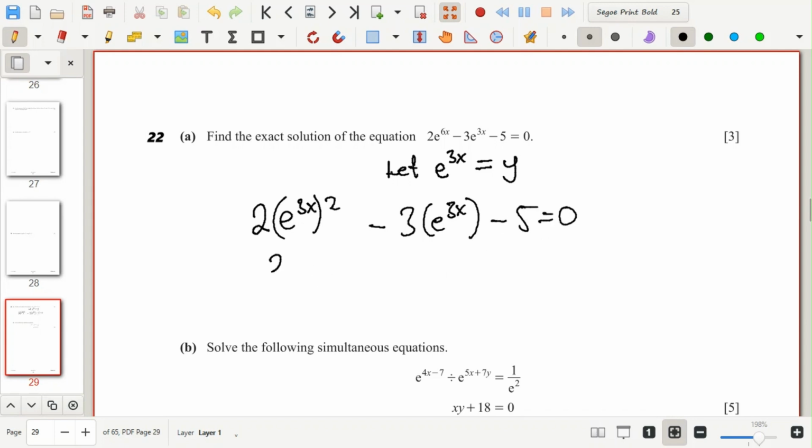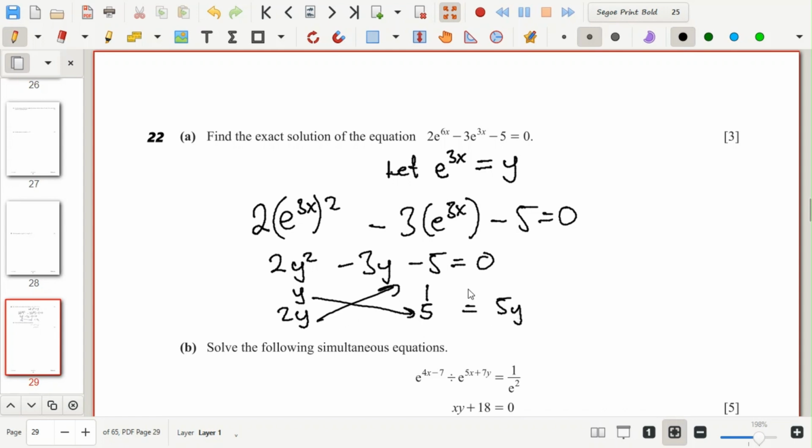Okay, so this is what you are getting. y times 2y will give you 2y squared. Then 5 times 1 will give you 5. So you multiply this, you get 5y. You multiply this, you get 2y.